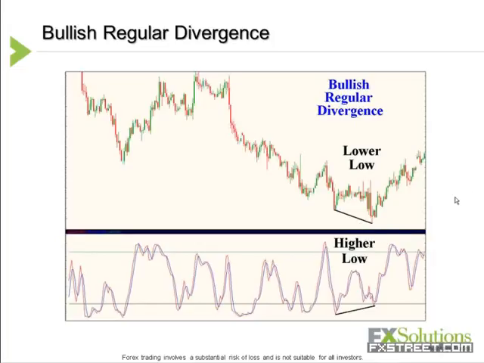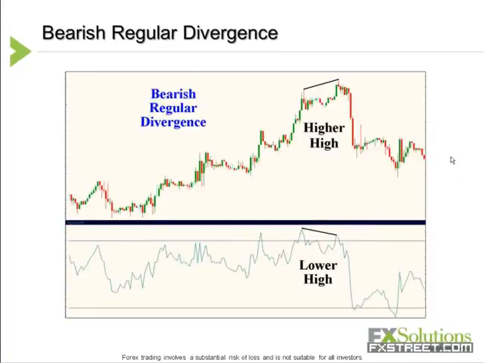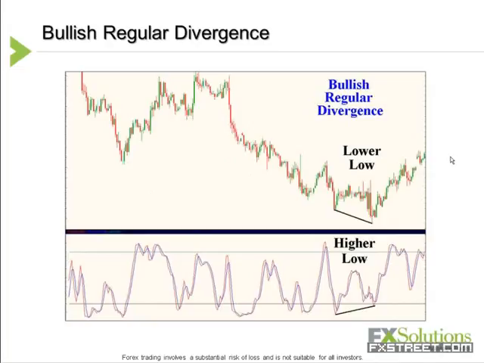Okay, now let me make it clear here. Let's go back real quickly. We got the bearish regular divergence and we got the bullish regular divergence. Now these reversals may not be reversals. They may be turns, and they could either be reversals or a break in the trend. Okay, they could be a consolidation zone.